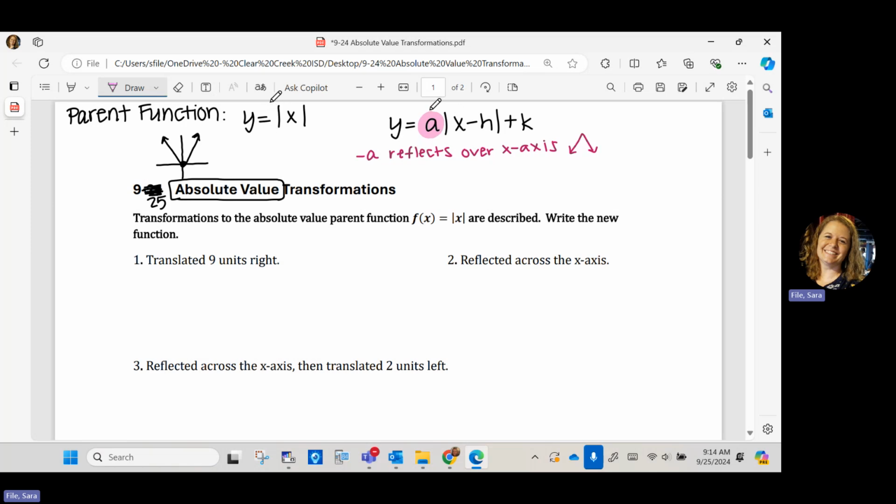So if there is a number here other than 1, it's going to change the graph. What that A value does is it's being multiplied by the absolute value function. And so it is going to be a vertical stretch or compression. When that A is greater than 1, so if it's bigger than 1, you have a vertical stretch.